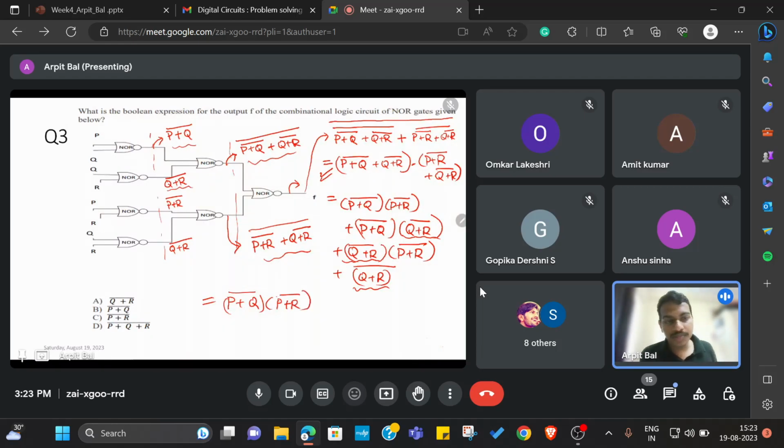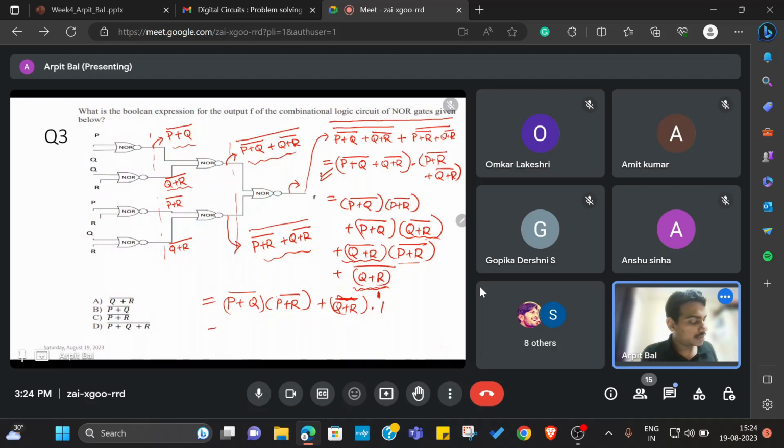Here you observe something interesting: if I take (q + r)' common, this particular term will be 1, so we have 1 + (p + r)' + (q + r)', and anything added with 1 gives the final result 1. So this complete thing will be (q + r)' multiplied by 1.